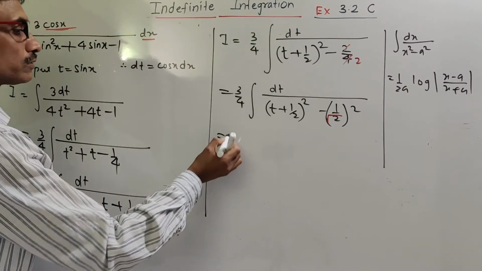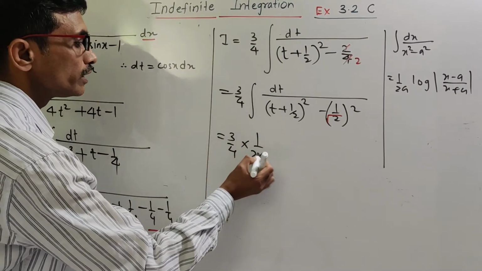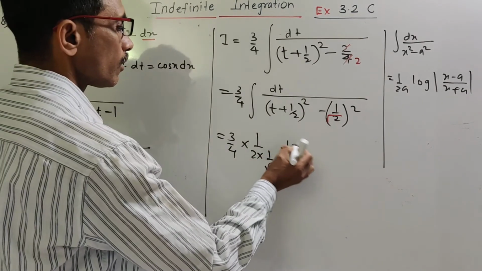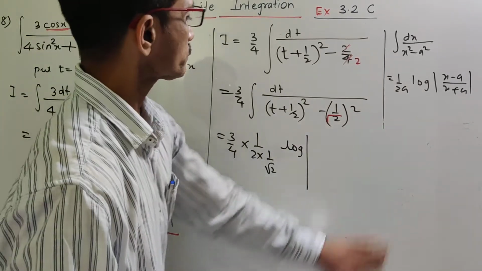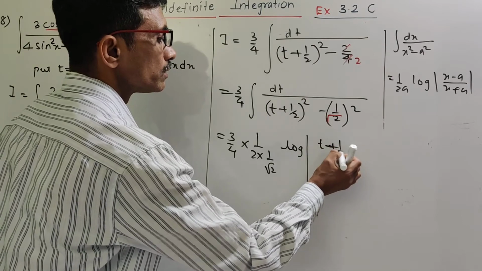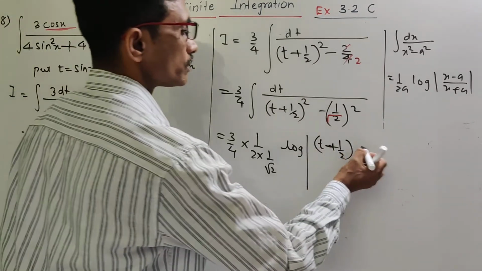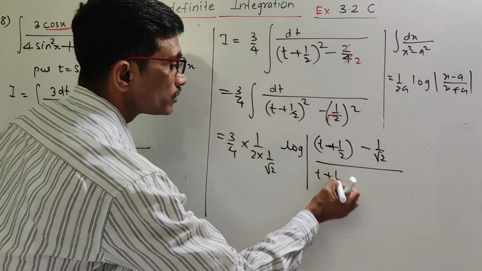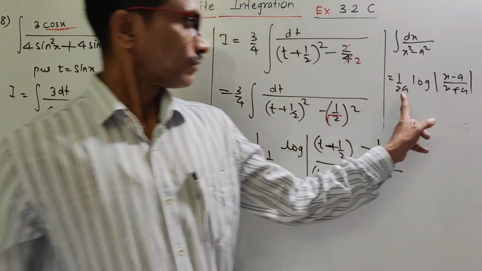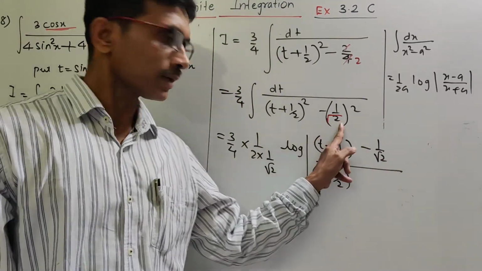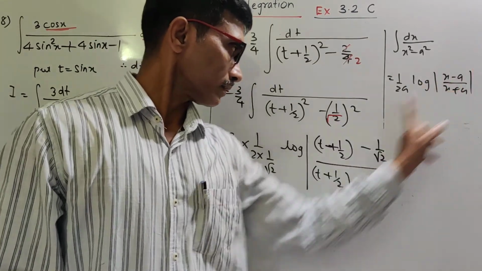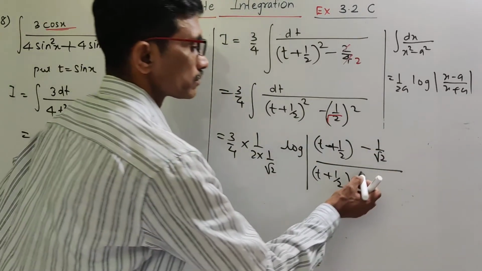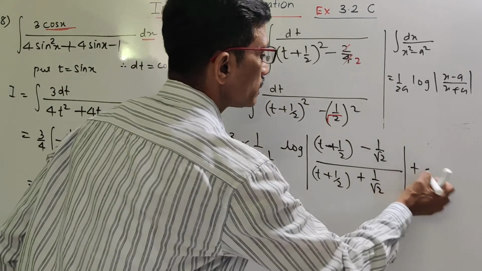So it is 3 by 4, 1 by 2a, 2 into a is 1 upon root 2, log of x minus a, t plus 1 by 2 minus a, which is 1 upon root 2, upon t plus 1 by 2 plus a, where a is 1 by root 2, plus c.